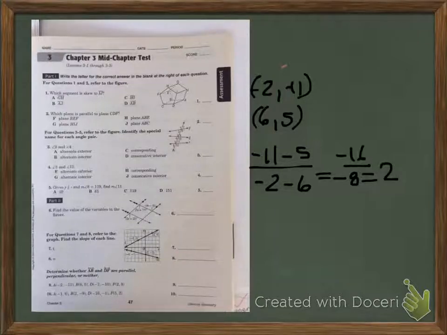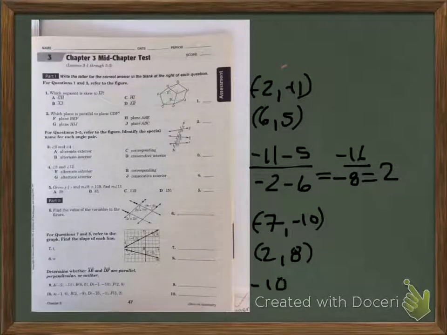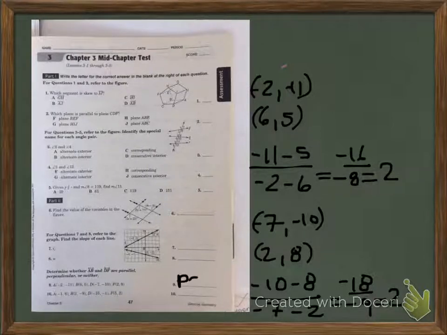If we do the same thing for DF for number 9, DF's points are -7, 10, or -10, and 2, 8. So again, take the y's, subtract, and take the x's, subtract. We get -18 over -9, and that is also +2. So that would make these two parallel.